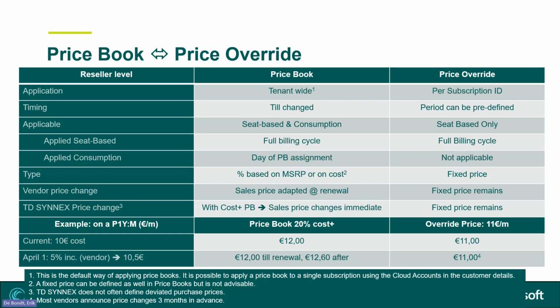The type: based on percentage, based on MSRP, on cost, or fixed price. Again, even if you say I want to have another margin, you define a new fixed price for that subscription. In a price book, you can also give a fixed price, but we discourage that because it will make your life more difficult in the end.